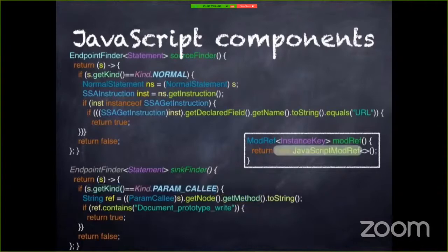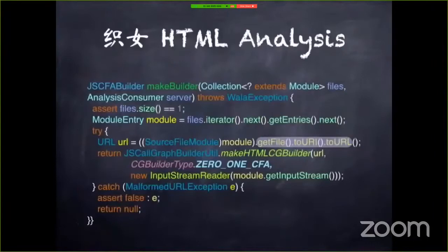In this case, Wala has a lot of support for modref of all the different languages we support, and so we can just use the standard JavaScript one without any further requirements. But those are the components we need, but I had said before, we also need a call graph. And if we're going to support multiple languages, we clearly need different call graph builders for the different languages.